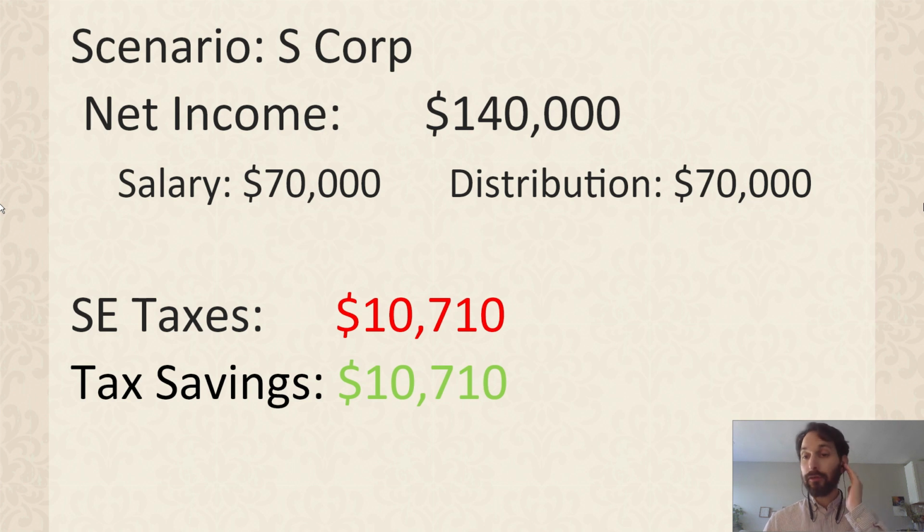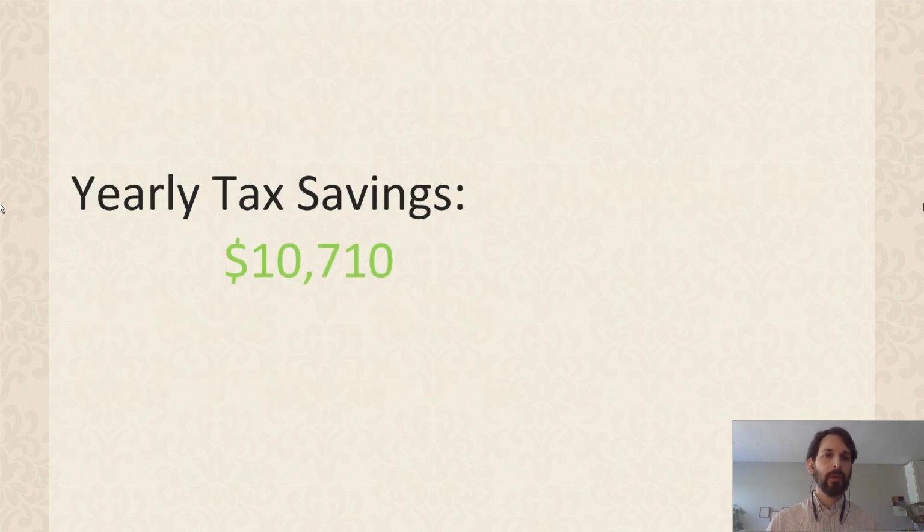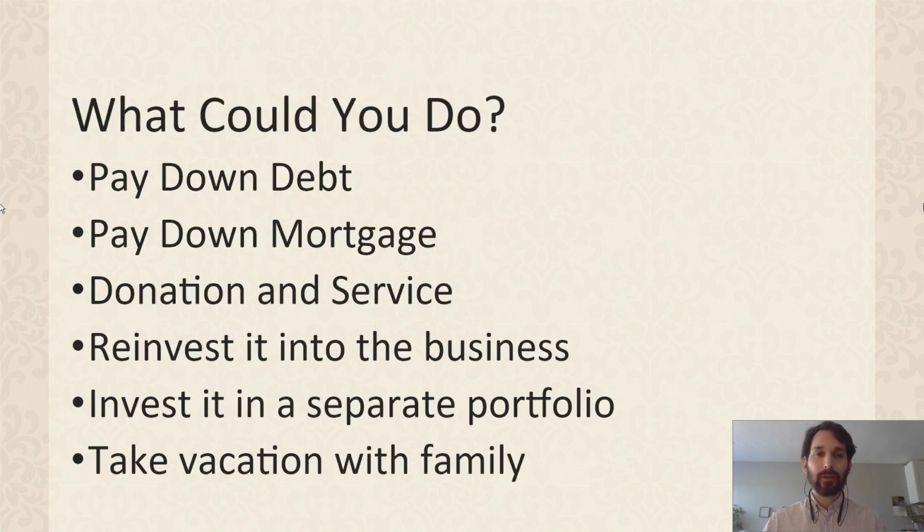Well, you would have self-employment taxes of $10,710, and that would give you a total savings for the self-employment taxes of $10,710, because we're really splitting it in half in this example. So again, you will annually save $10,710.